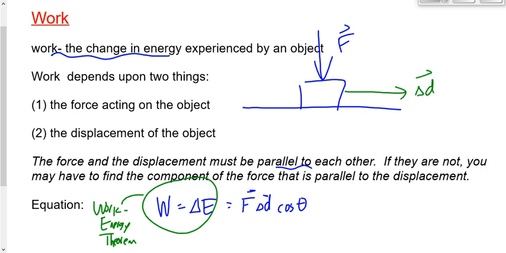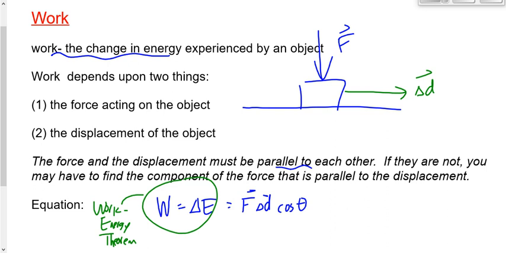Maybe it had already been given a push, maybe it had been bumped by something. It's moving already and I push downward on it. Does that force that I apply cause movement? No. So am I doing any work on this desk? No, there's force and there's movement, but the force isn't causing the movement, so I'm not doing any work on it, right? I'm not changing the energy of this desk. I haven't done any work on it.